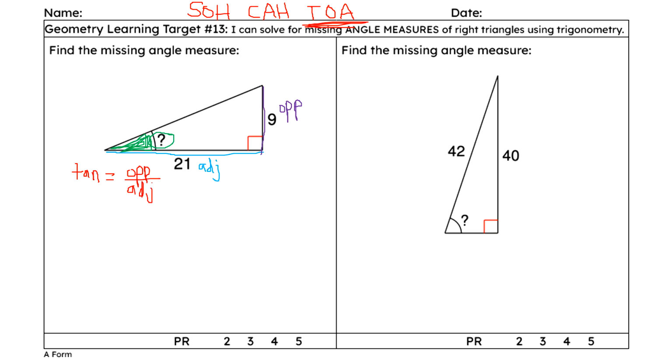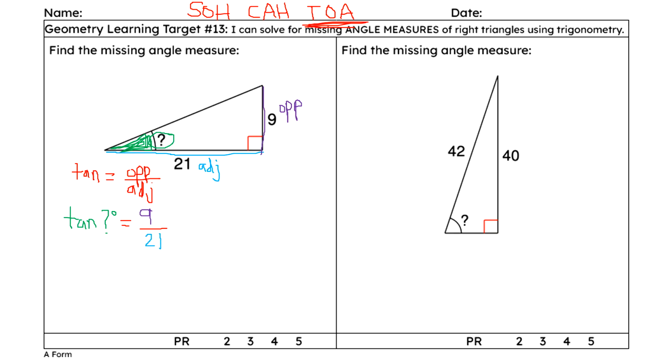So let's see here now. I don't know my reference angle. That's what I'm looking for. So it's the tangent ratio for some angle. I don't know what angle. I don't know what degrees. That will be equal to my opposite, which is 9, over my adjacent, which is 21.